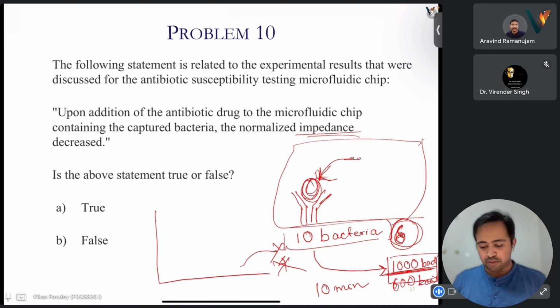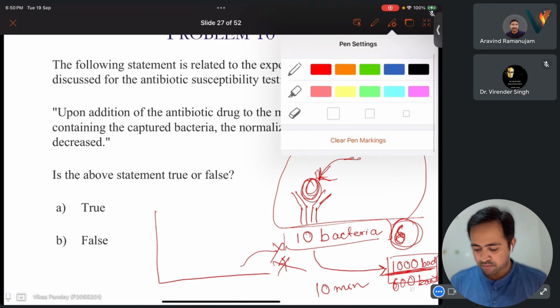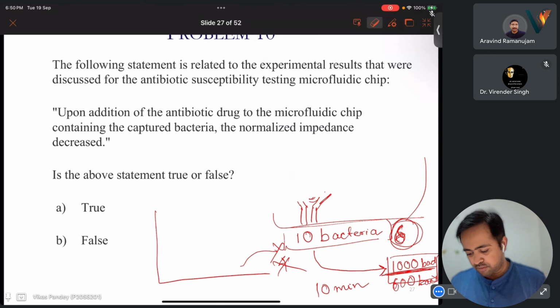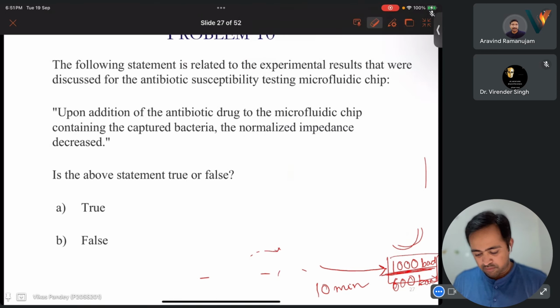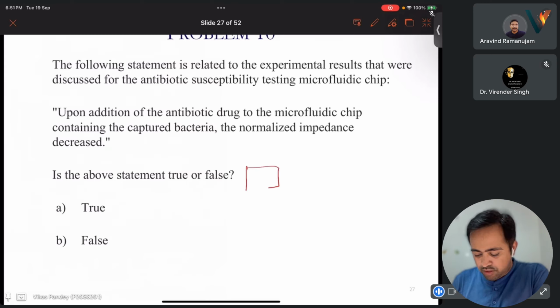Let me put it again. Let's say we have a culture of bacteria in which we started with 10 bacteria at the beginning.